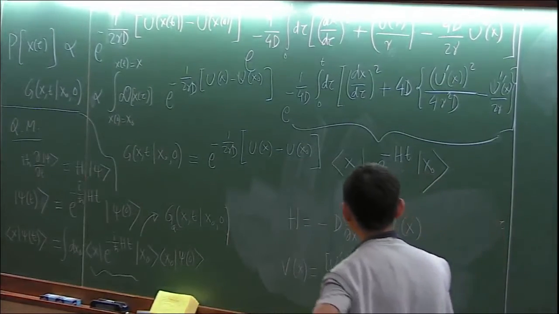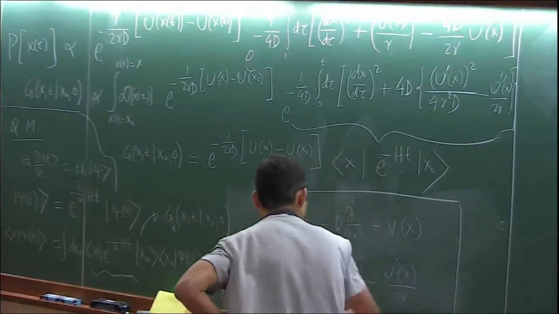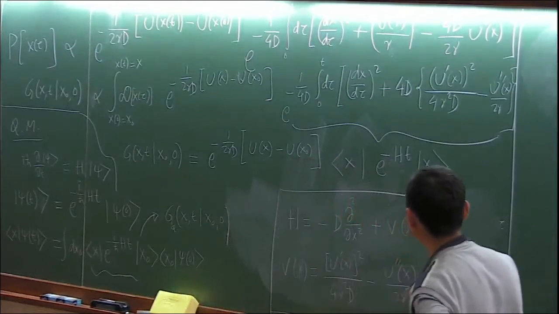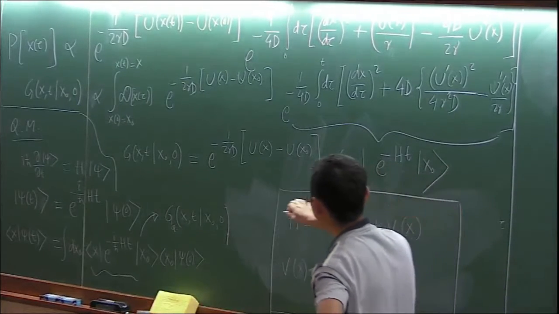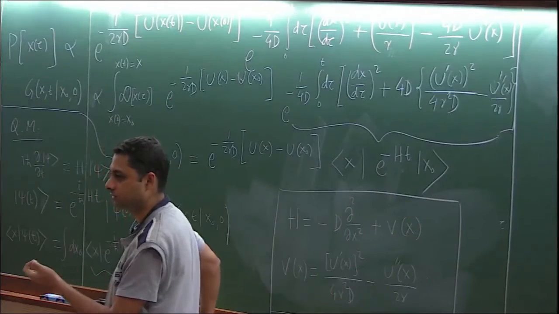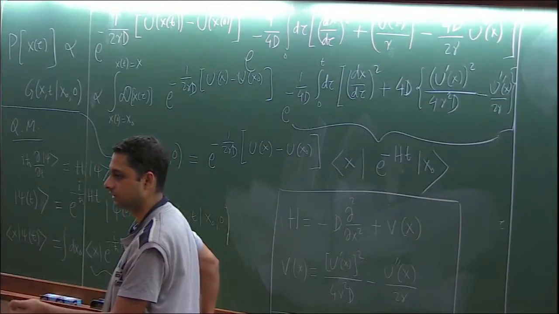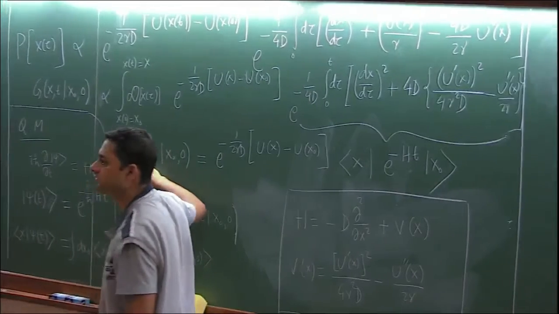Let's do an example to see why this mapping is useful. This is just the classical propagator now. It basically says that the particle goes from x0 to x in time t, right? This is just the propagator we evaluated yesterday.